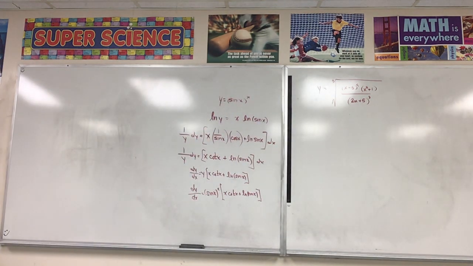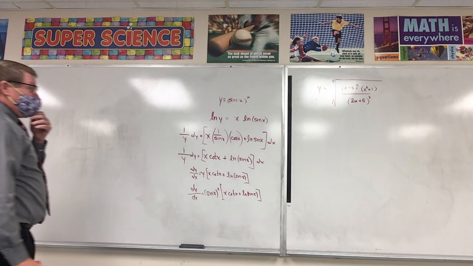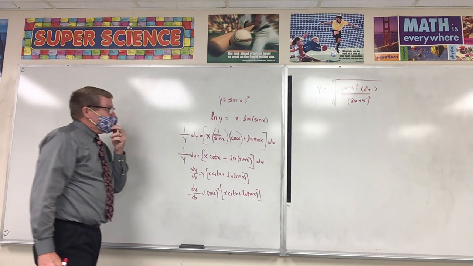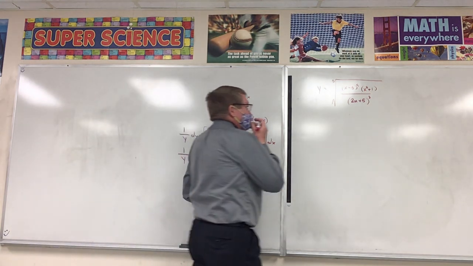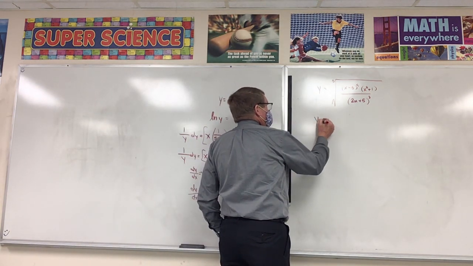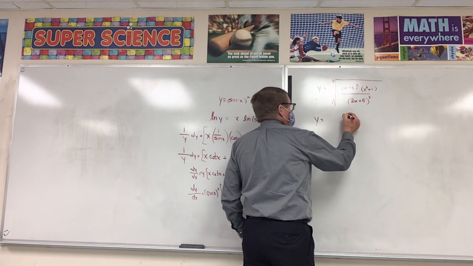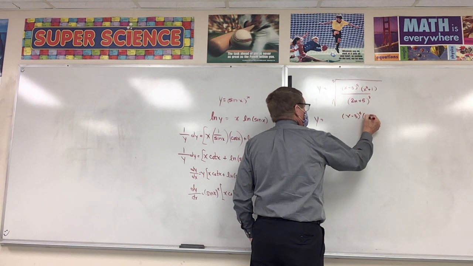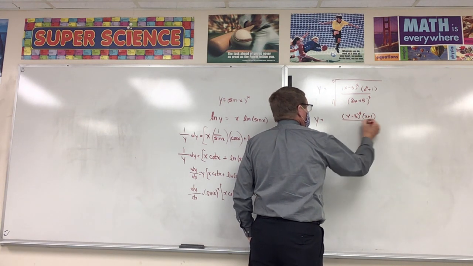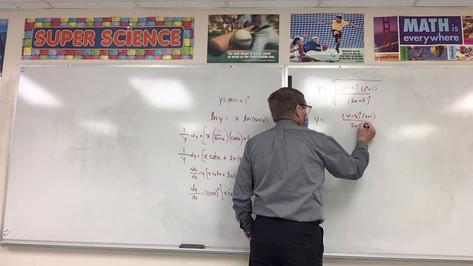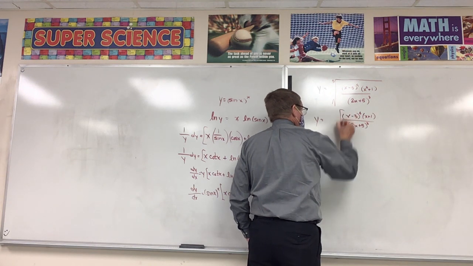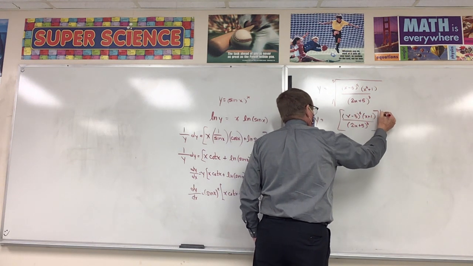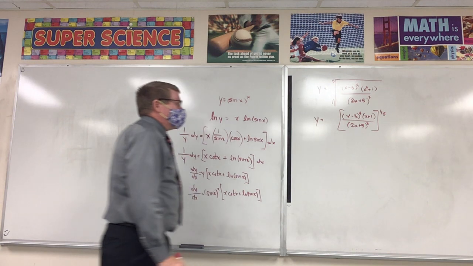All right, so we're going to use logarithmic differentiation because it could get quite confusing here. First of all, though, I want to change this: y equals x minus 3 to the 4th times x squared plus 1 over 2x plus 5 cubed, all to the 1/5.